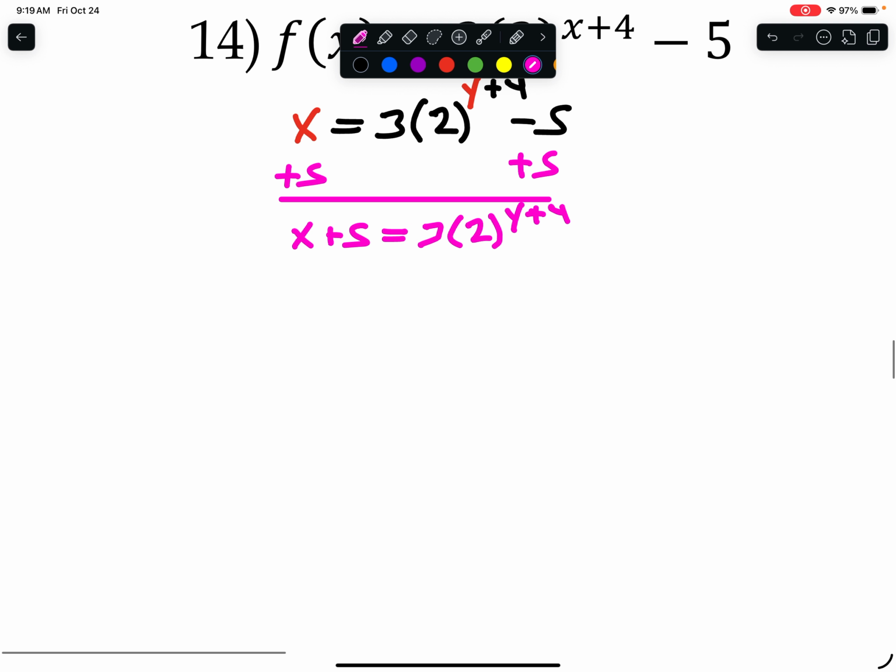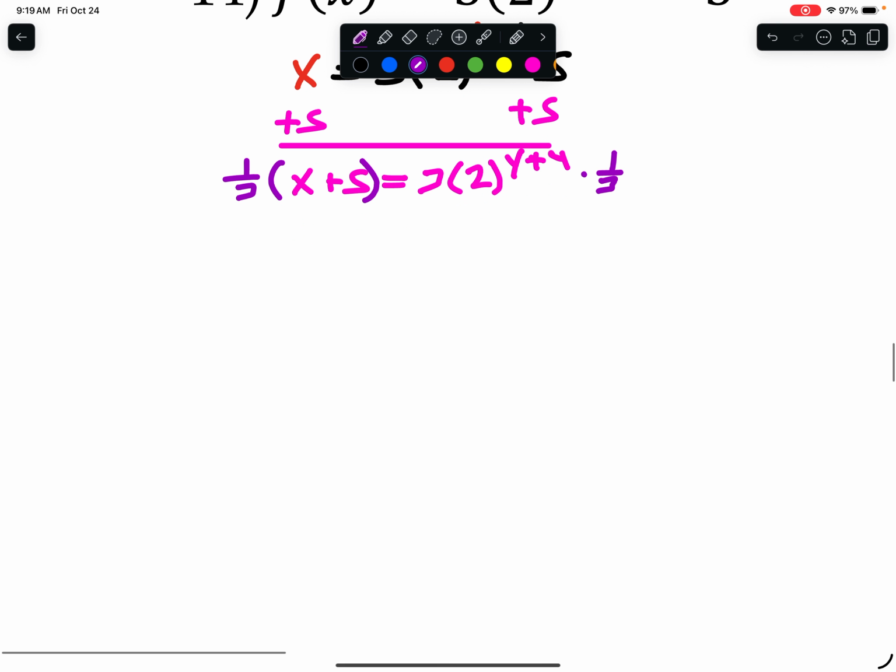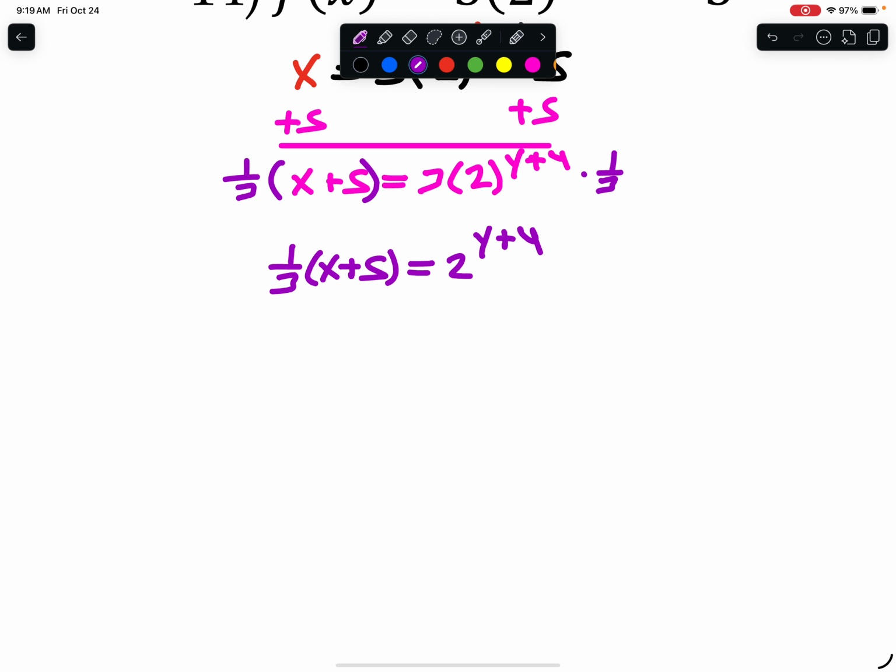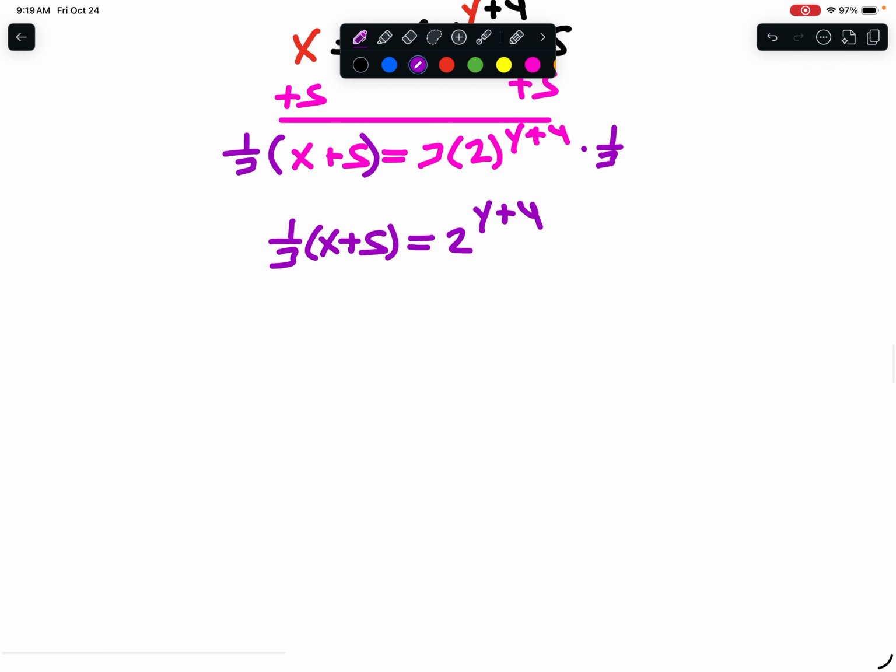Okay, and then I need to get rid of that 3, so I'm going to multiply both sides by a third. So that's going to leave us with 1/3, parentheses x plus 5, which is going to be equal to 2 raised to the y plus 4. And now I need to get the y value out of the exponent, so I'm going to convert.